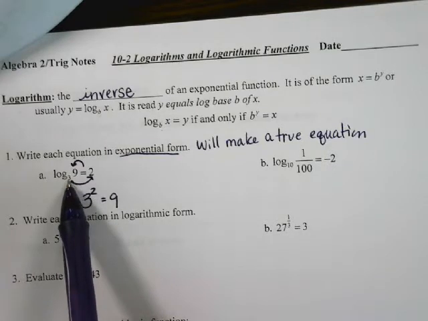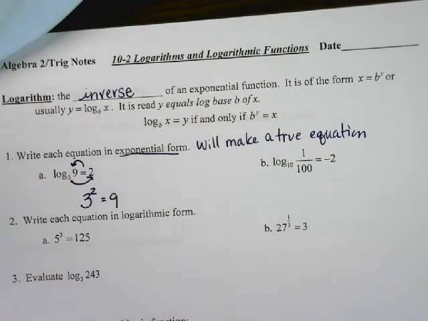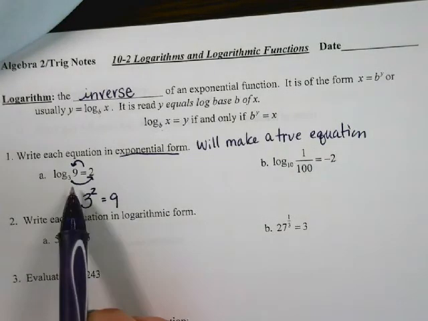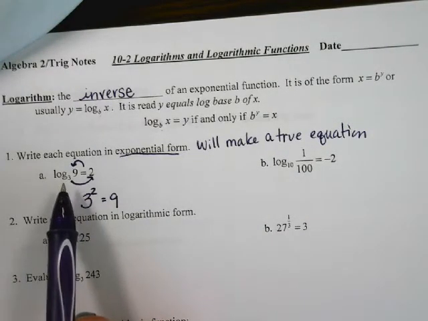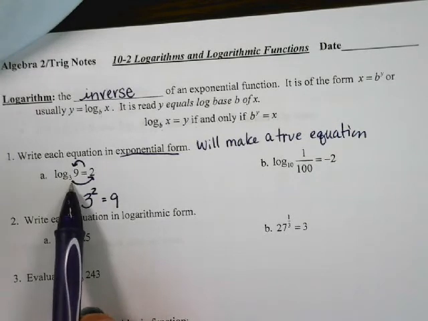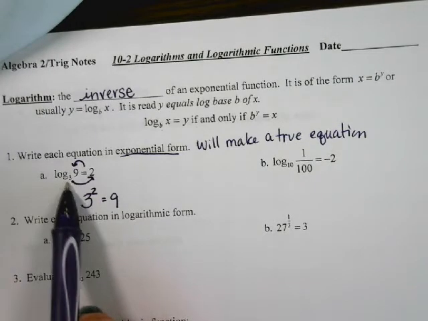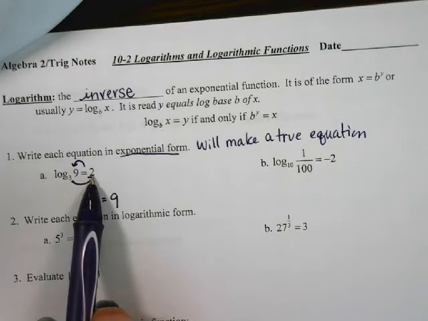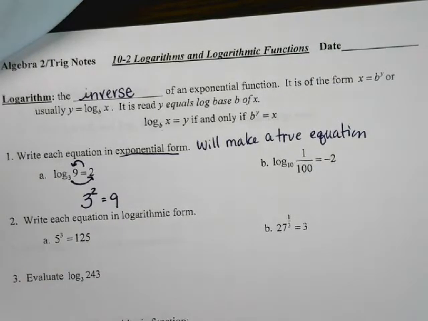Okay, so start with your, I also think about going in a circle. Okay, circular form. I'm going to start with my subscript. He's the base of my log, but he's also the base of my exponential. 3 to the second equals 9. Okay, so following that same pattern, look at b.